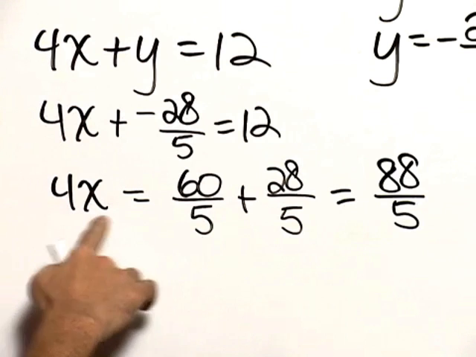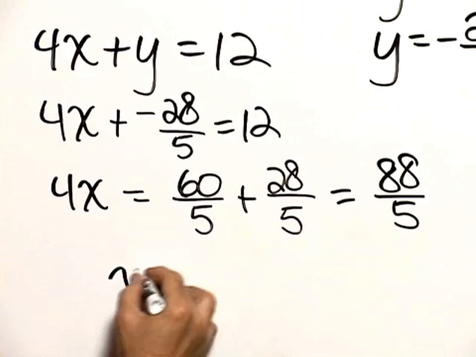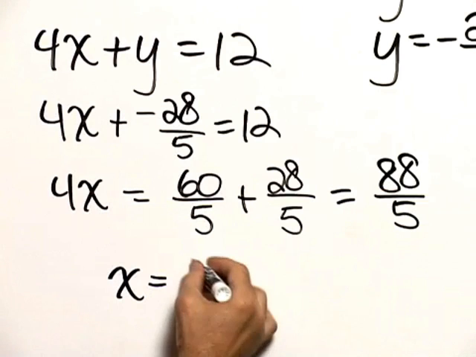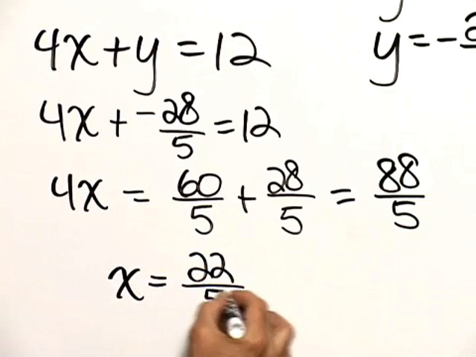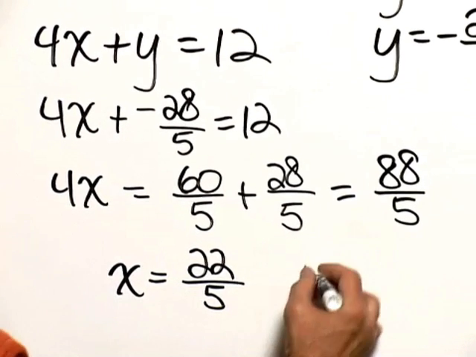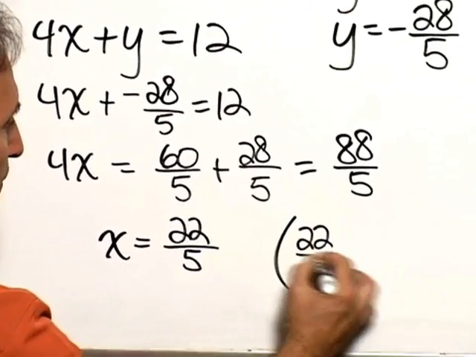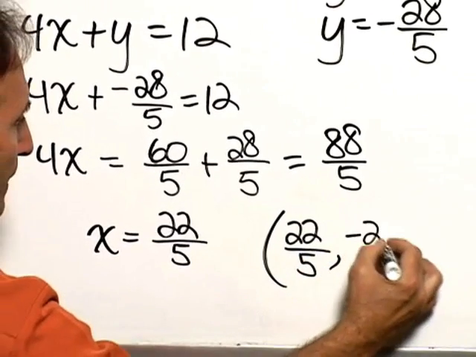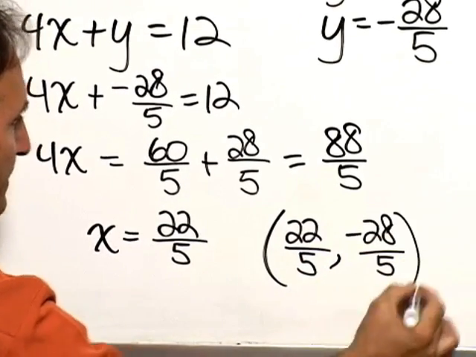But now we need to divide both sides by 4. When we do that, it'll be 88 divided by 4, which is 22 over 5. So our solution for this system of equations is the point 22 fifths, comma, negative 28 fifths.